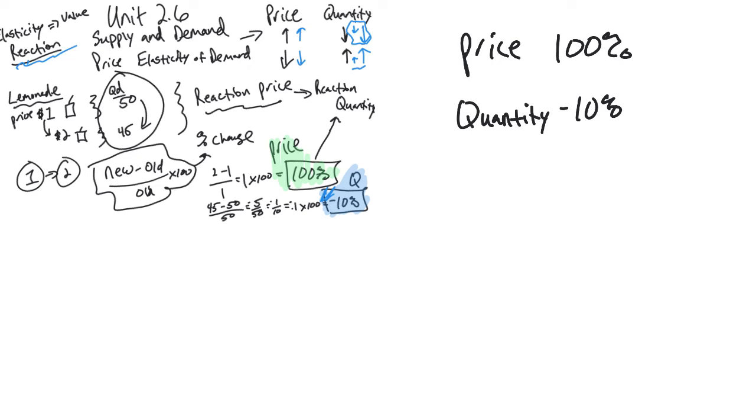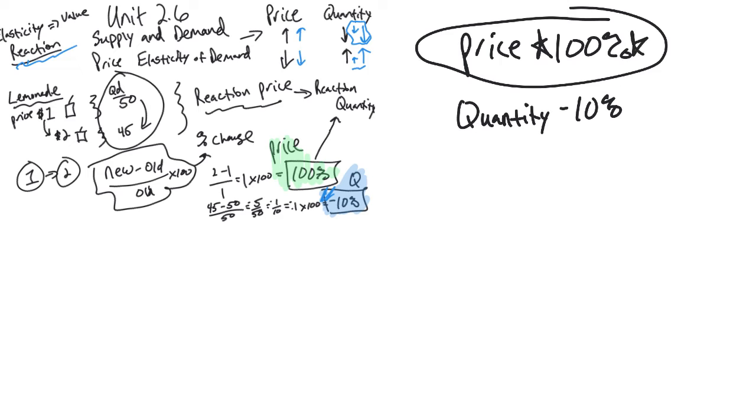It's negative 10%, but 10% is how much it changed by. So if the price of something changed by 100%, and we had a very small reaction, only 10%, we would call that inelastic. No E there. This would be called inelastic.